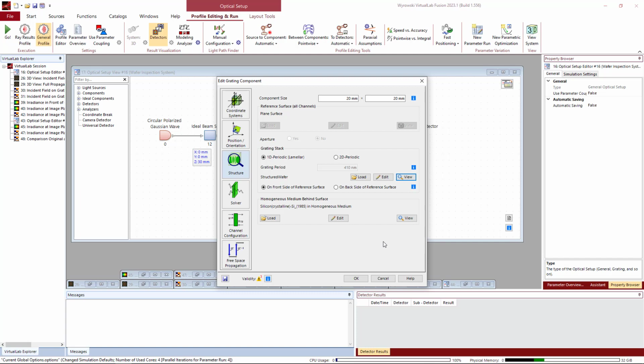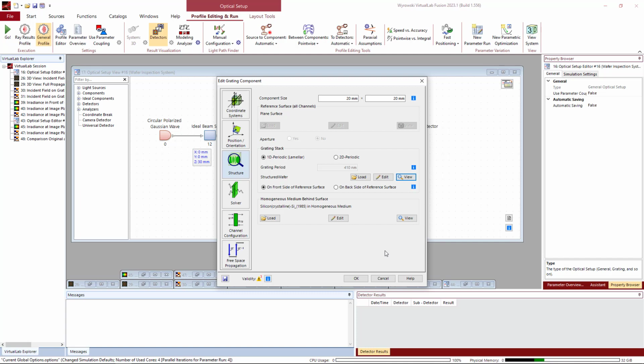Now here, the incident field is not an ideal plane wave, it is a focused field. It's not very strongly focused, but it is focused nonetheless. So if we were to use just one single run of the FMM, the results would not be accurate because we would not be taking into account the full incident field.